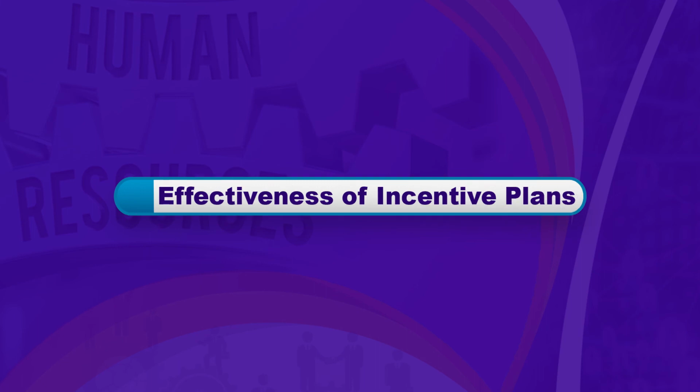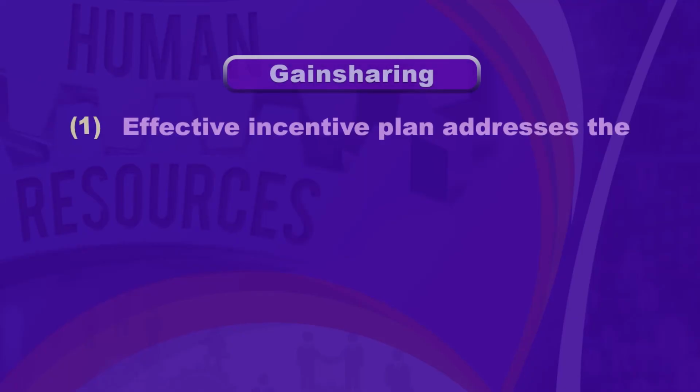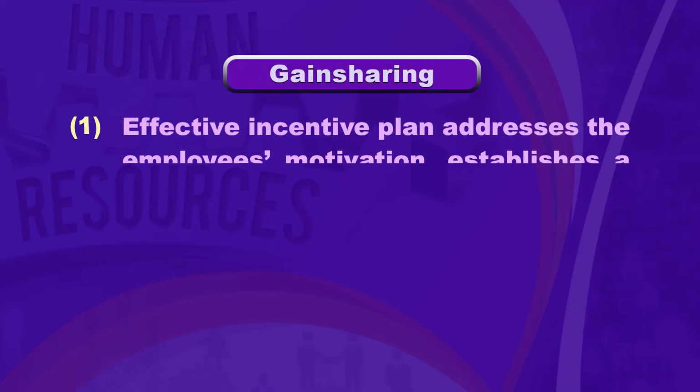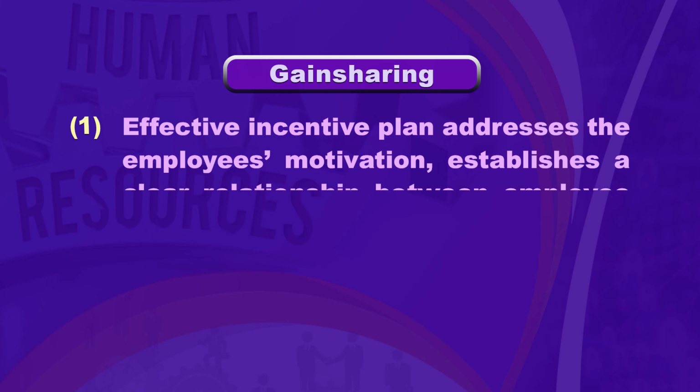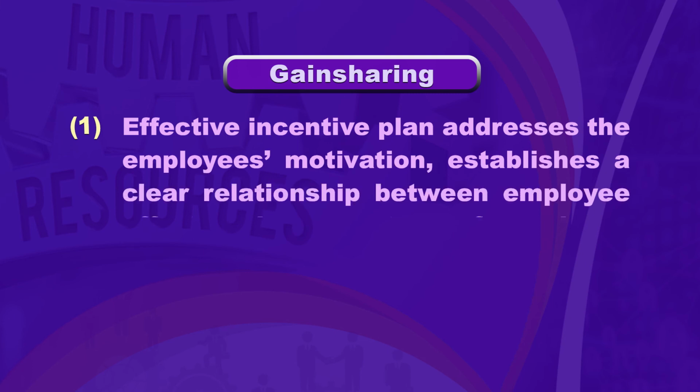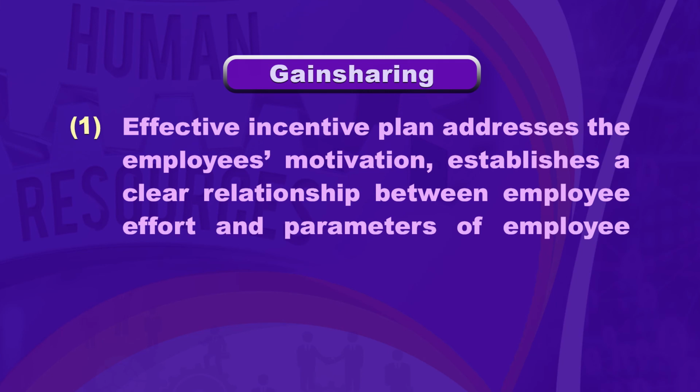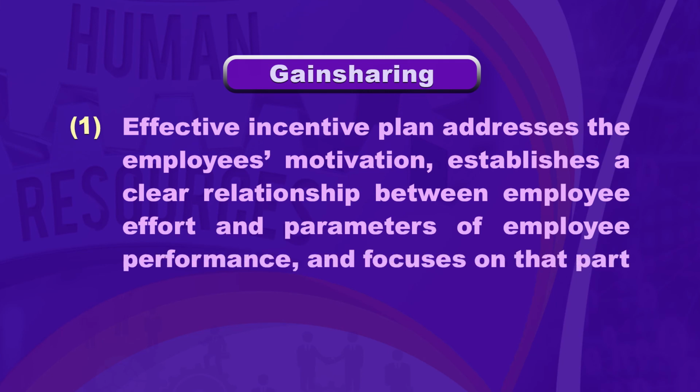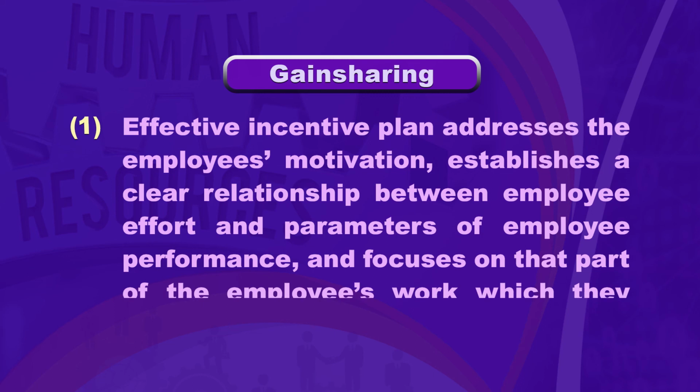The effectiveness of incentive plans is different for different organizations. However, they may share common features. First, an effective incentive plan addresses the employee's motivation, establishes a clear relationship between employee effort and parameters of employee performance, and focuses on that part of the employee's work which they can control.